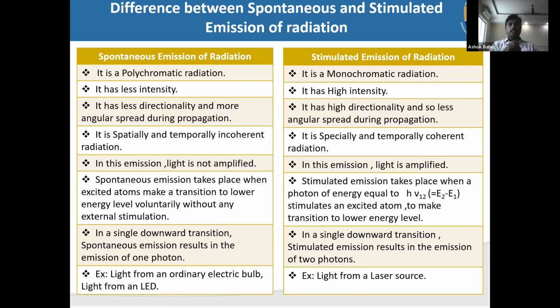In a single downward transition, spontaneous emission releases only one photon, whereas stimulated emission results in the emission of two photons. An example for spontaneous emission is an electrical bulb or LED. An example for stimulated emission of radiation is light from a laser source. Okay, these are some of the differences between spontaneous emission and stimulated emission of radiation. This question was also asked in a previous examination, so all of you try to concentrate on the differences.